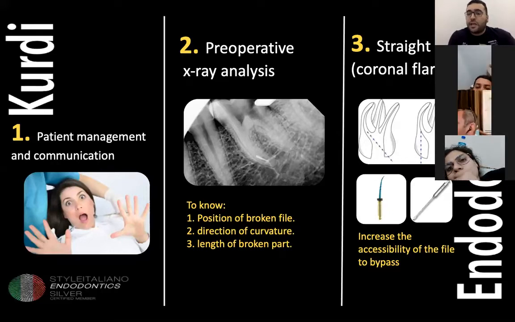Number 3 is to have a straight open file path. Sometimes we do coronal clearing with orifice openers. Historically, we used Gates-Glidden and Peeso reamers, we used large-taper files, but nowadays we have heat-treated orifice openers, so why not use them?